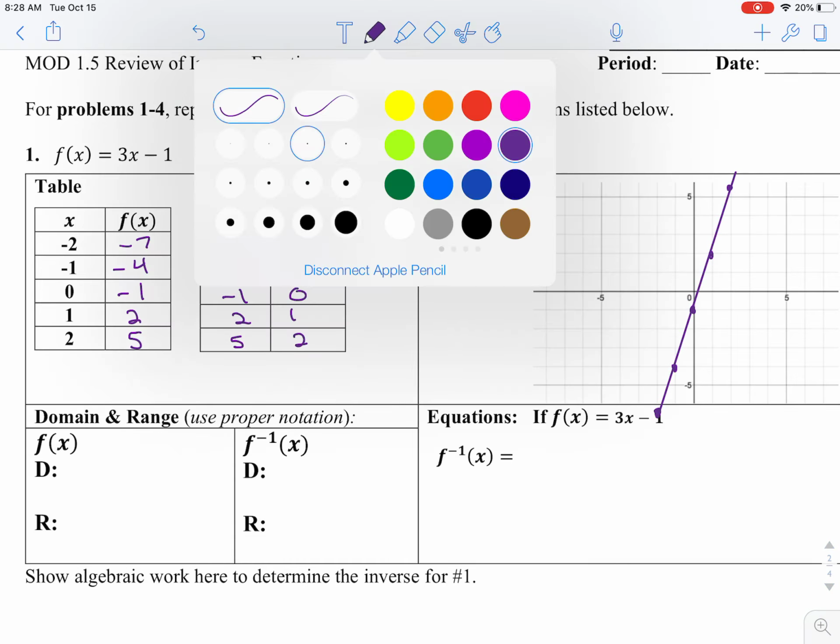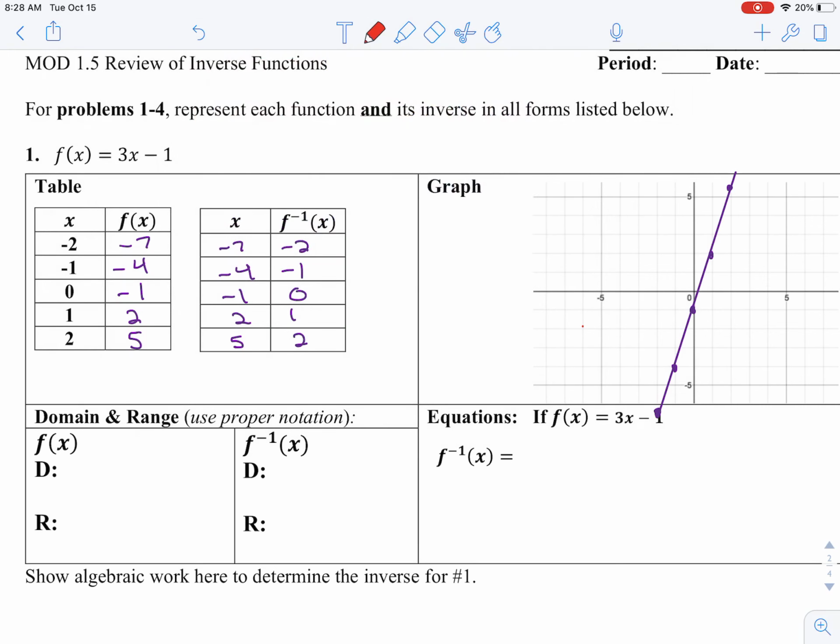And then the inverse is going to be in red, so I'll do those in this color. -4, -1. Oh, I gotta go one more over. Okay, and just as a review, remember these reflect over this line right there, which we can see that it does.